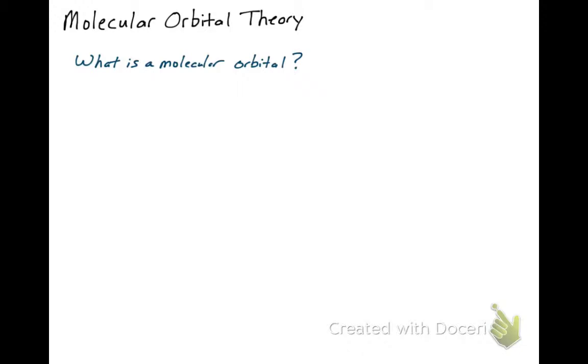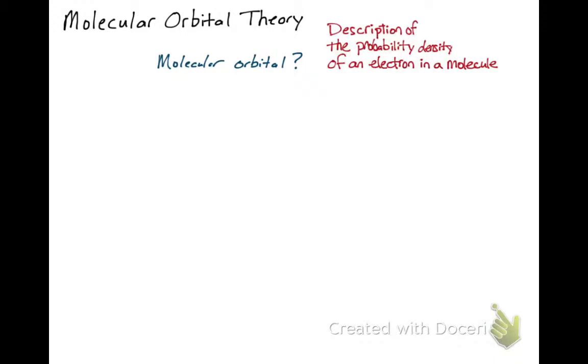And if you recall from your earlier discussions of covalent bonding, electrons in covalent molecules are shared between the nuclei of the atoms in the molecule. So the molecular orbital describes the electron density for those shared electrons that are surrounding the entire molecule.